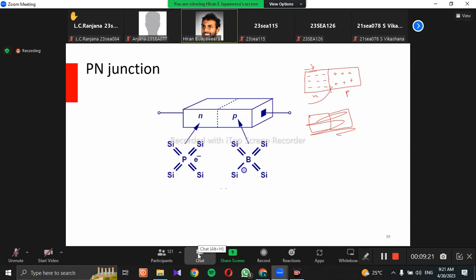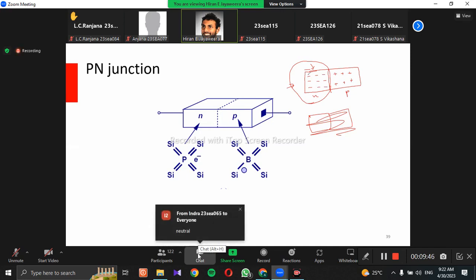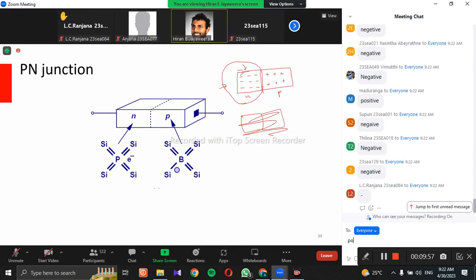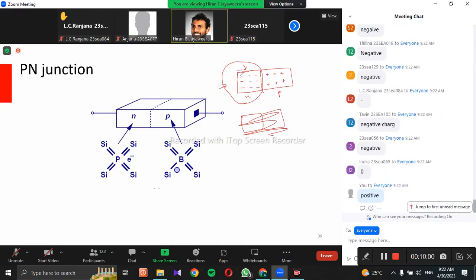As soon as you make the PN junction, this is how it looks. If you look at the N side, what can you say about the Coulombic charge of this N side? Is it positive or negative? Everyone, please give me the answer.